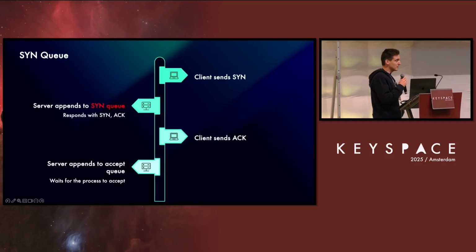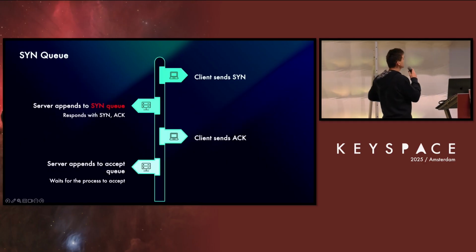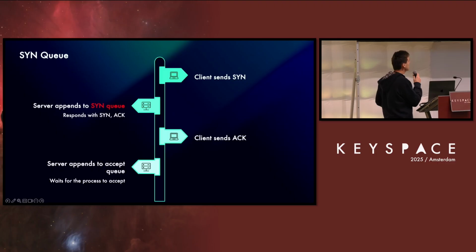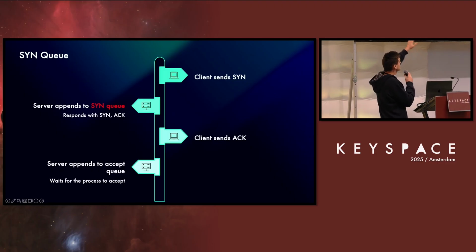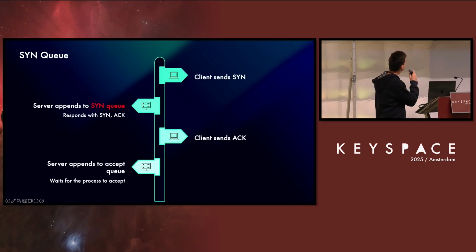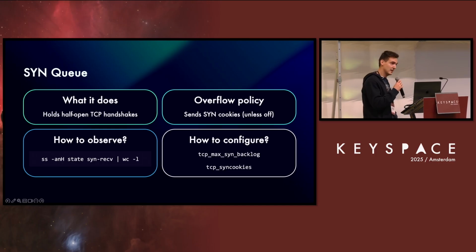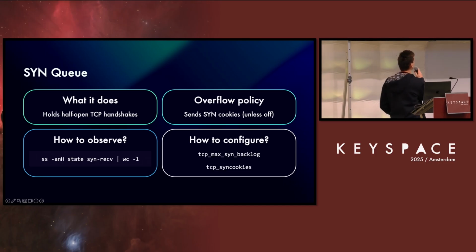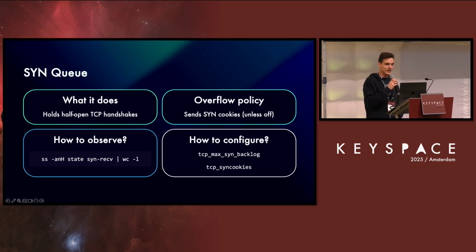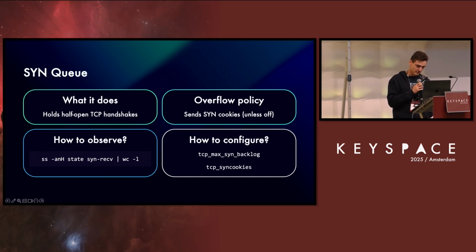And now let's talk about TCP connection. Here you can see an illustration of the classic three-way handshake. The client sends the SYN. This is the initiation of the connection. The server receives it and puts it in a SYN queue. What is the SYN queue? It's another data structure in the kernel, and it keeps the half-open TCP connections.